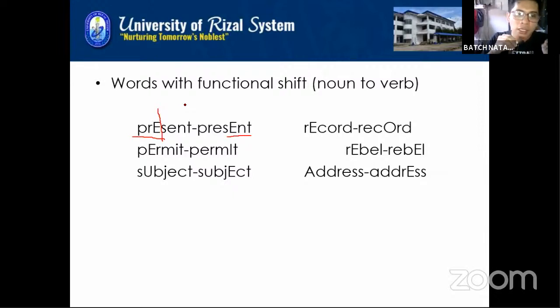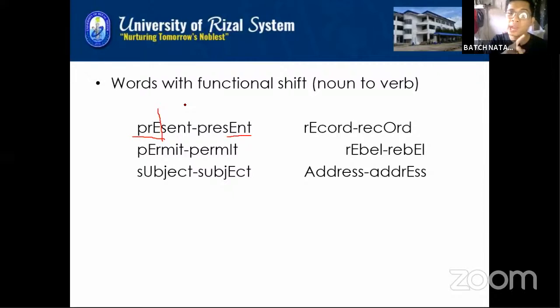The teacher of the English subject subjects the student to submit a very long essay. Subject is a noun, subject is a verb.